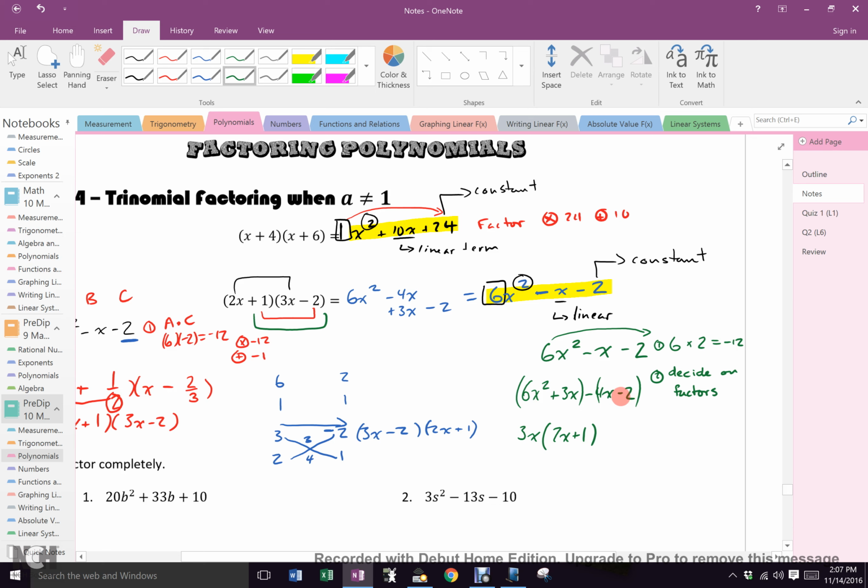Negative 2, right? And that leaves you with 2x plus 1. Now, you guys have already seen this, right? Common factor is 2x plus 1. So it's 3x minus 2 times 2x plus 1. And you notice you get all the same answer.